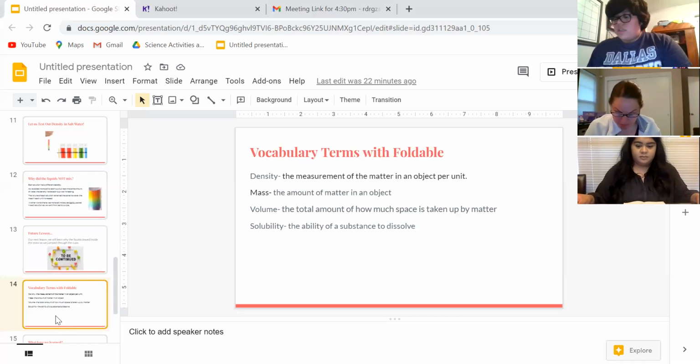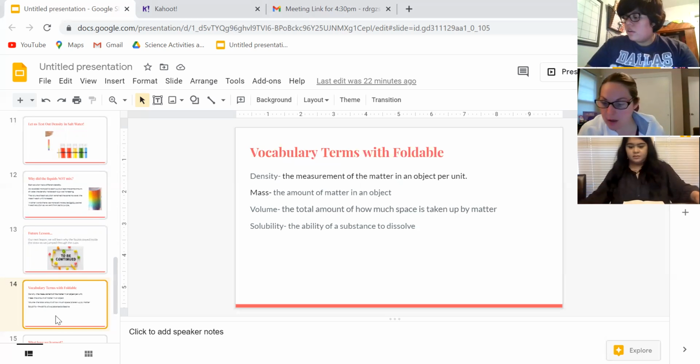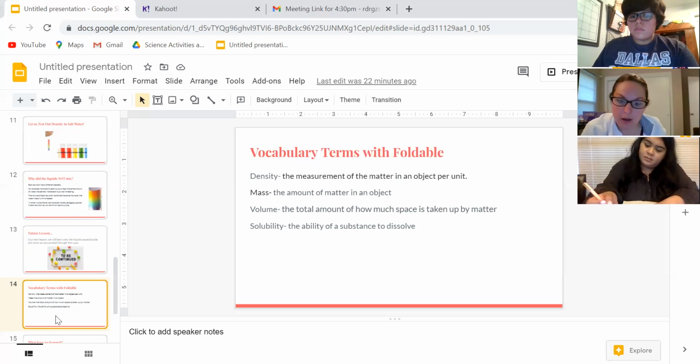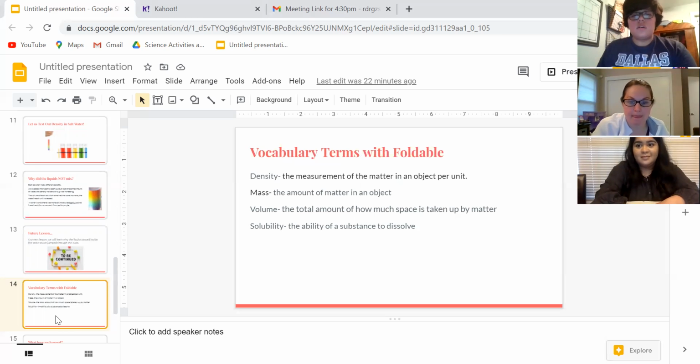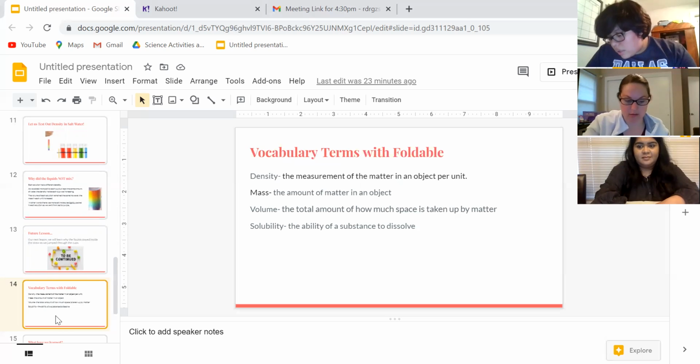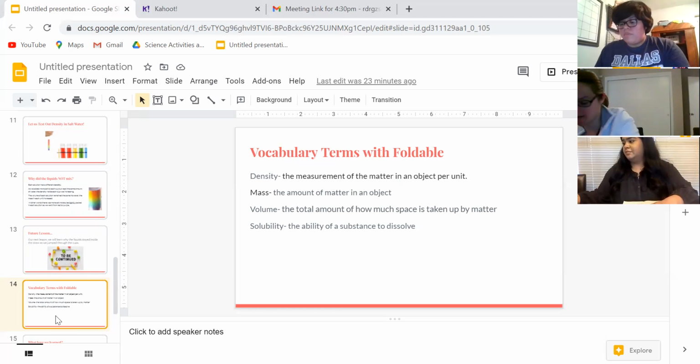So with density, what is density? Again, density is the measurement of, can someone fill out that blank for me? If you guys need the reference, we can look back at the slide. Matter in an object. Perfect. So density is the measurement of matter, like Allison said, in an object of the unit.